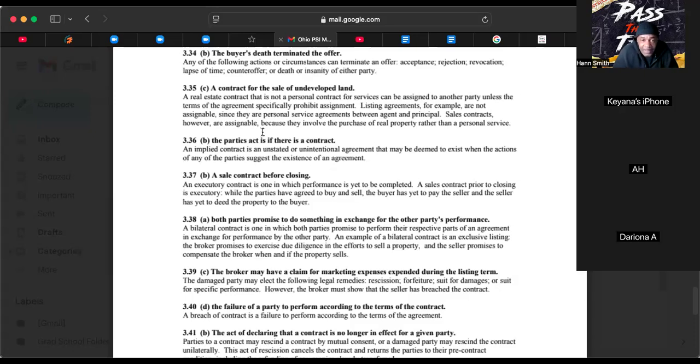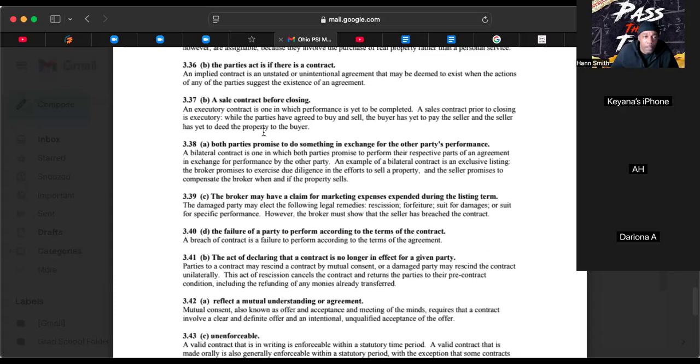The key to that is not a contract for services. You can't assign a contract for services to another party unless the terms of the agreement specifically permit the assignment. Listing agreements, for example, are not assignable since they are personal service agreements between the agent and the principal. Sales contracts, however, are assignable because they involve the purchase of real property rather than a personal service.